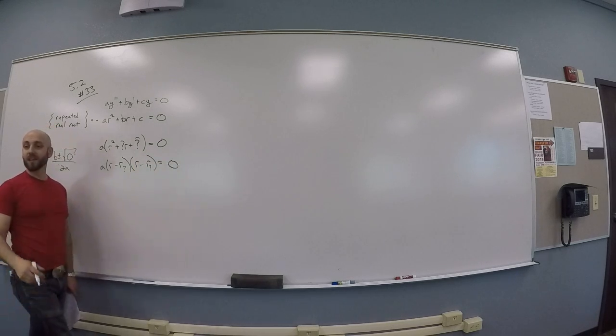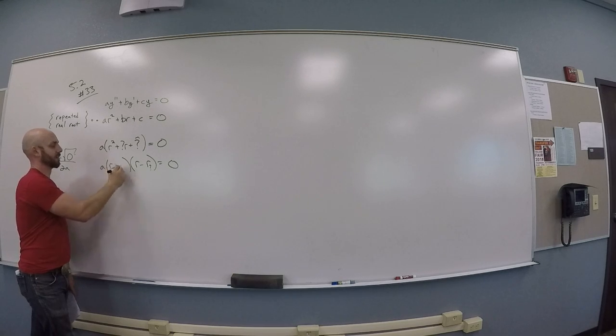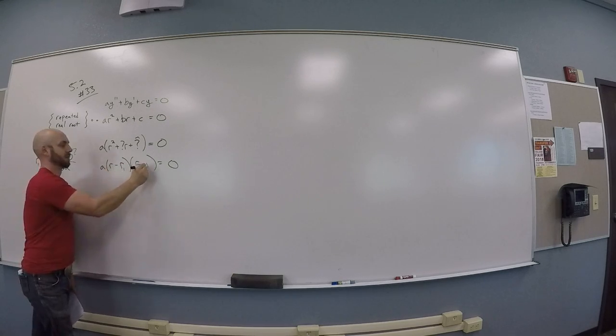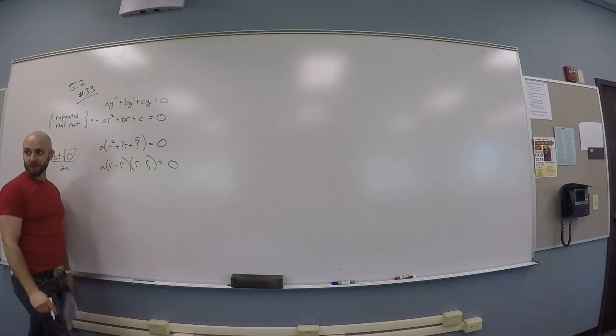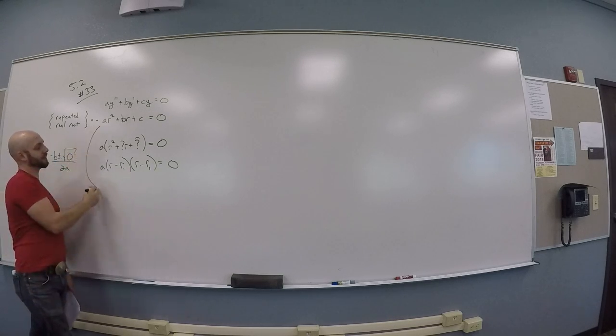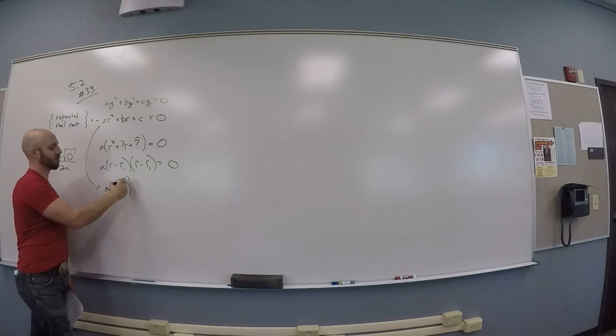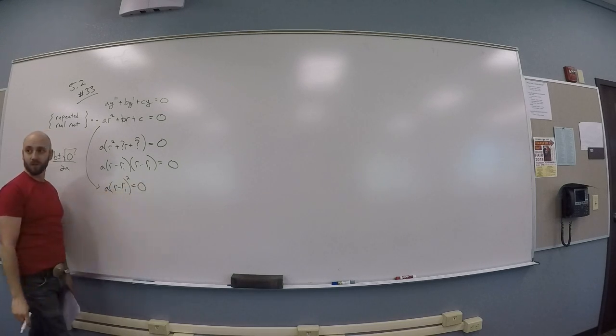The fact that it's a repeated root tells you those are the same thing. So I can rewrite this as a times r minus r1 quantity squared is 0.